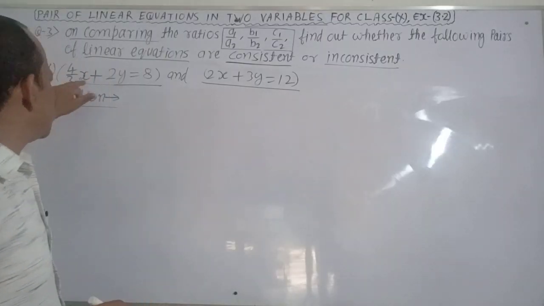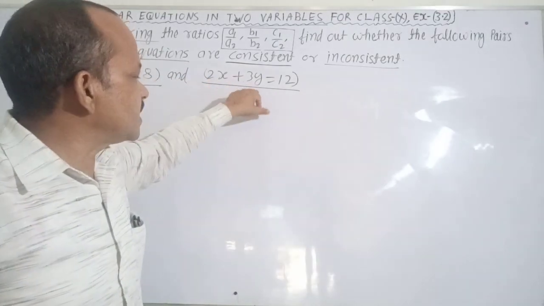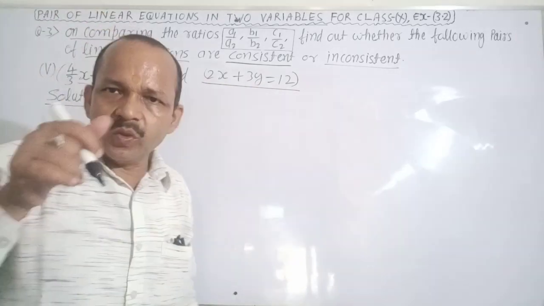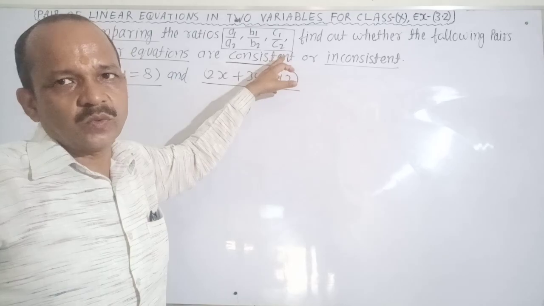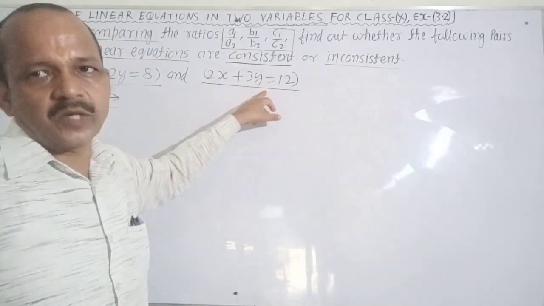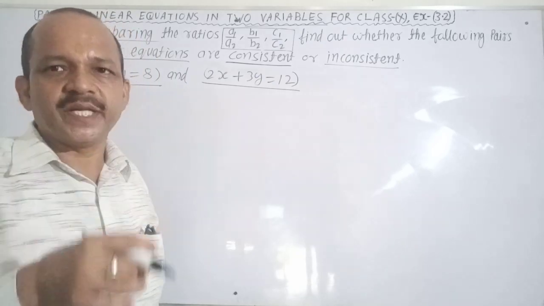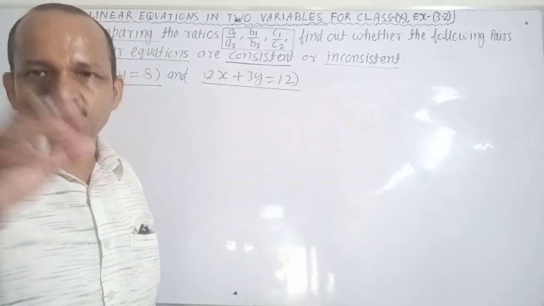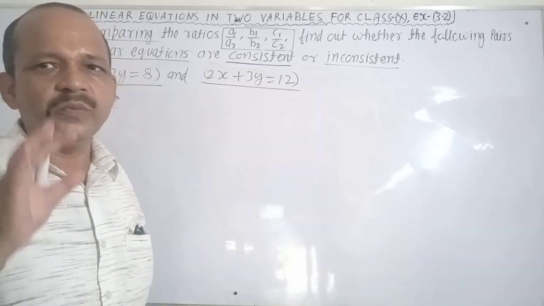Part 5th: 4 by 3x plus 2y equal to 8 and 2x plus 3y equal to 12. It is the given equation. You compare a1 by a2, b1 by b2, c1 by c2 by the help of these equations and the form of a pair of linear equations in two variables, a1x plus b1y plus c1 equal to 0 and a2x plus b2y plus c2 equal to 0.